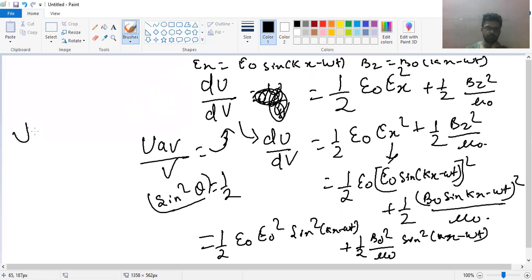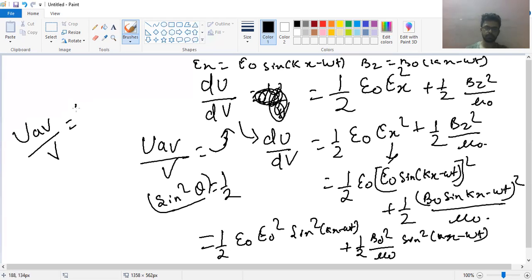What is U average, total average energy by total volume? It will be equal to, if I substitute 1 by 2 in place of sine square kx minus omega t, and we are doing so because we are calculating the average.